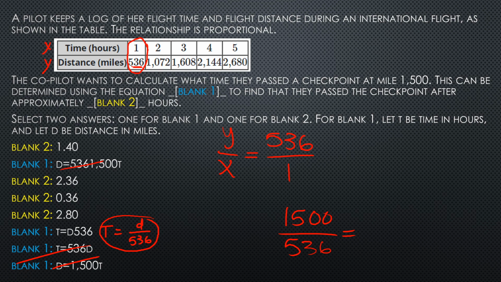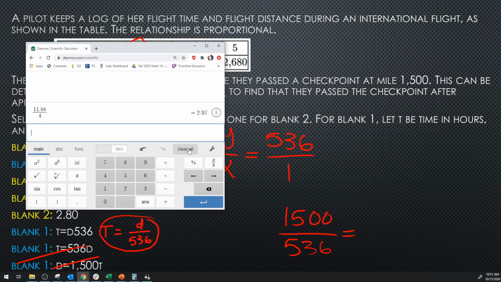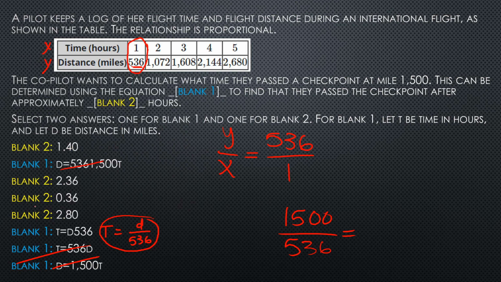Again, we're going to type this into a calculator. So I have 1,500, we're going to divide it by 536, and you can see here I get 2.7985. I can round this to 2.8. So for blank 2, it is 2.8.